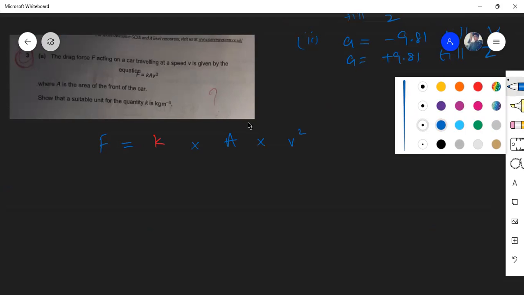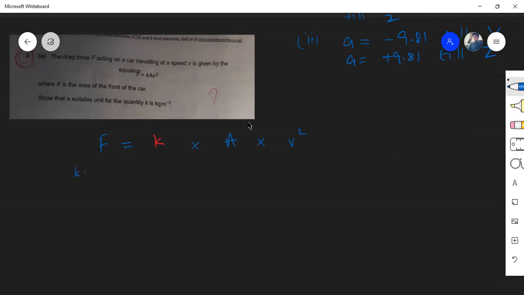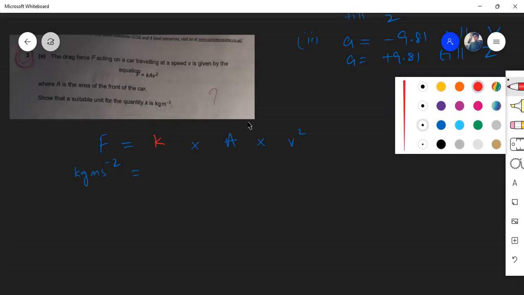We're just going to write all the units of the variables we know. The standard SI units for force are kg meter per second squared. It's something that we assume the candidate knows.